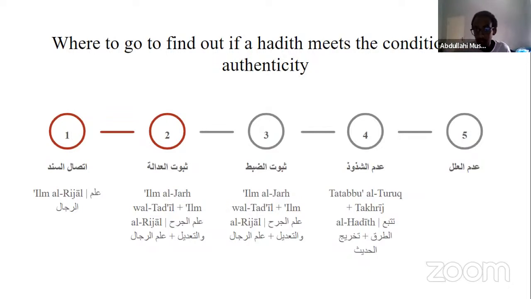And in fact, takhrij al-hadith is so interesting that if you study this subject properly, and someone tells you a hadith in English, for example, that the Prophet ﷺ said that no one will believe until they love for their brother what they love for themselves.